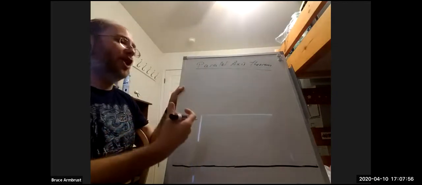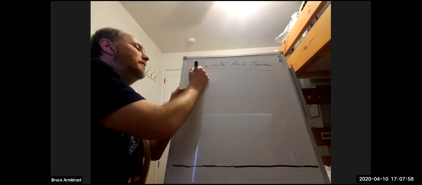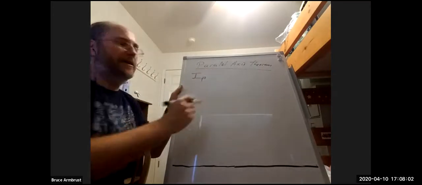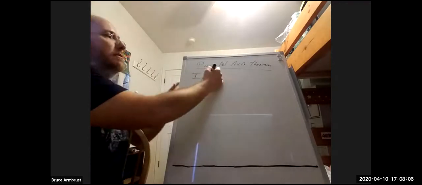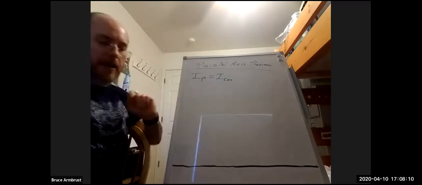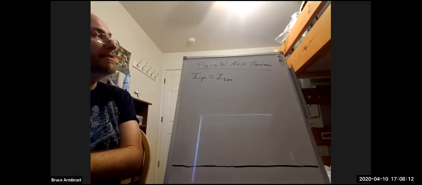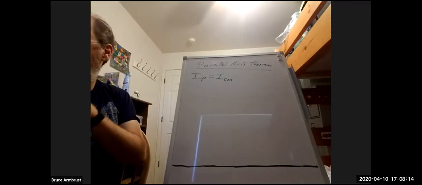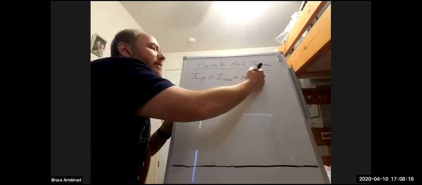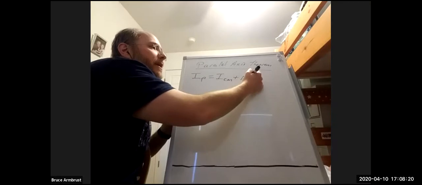If you want to know the moment of inertia through some parallel axis, I'm going to call it P, it's going to equal the moment of inertia of the axis that goes through the center of mass plus m times d squared.